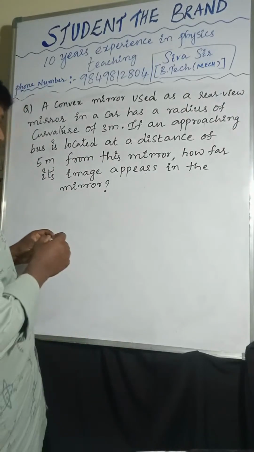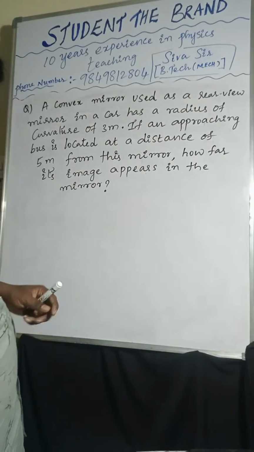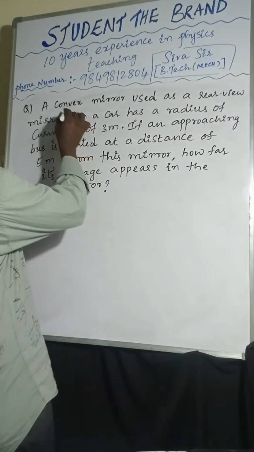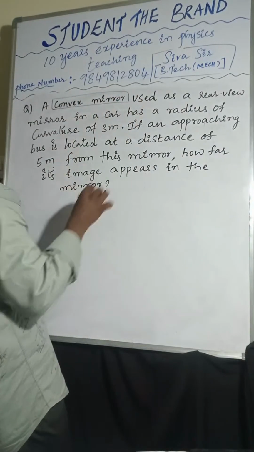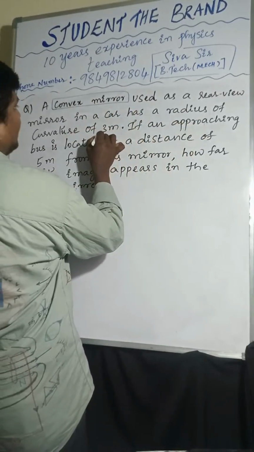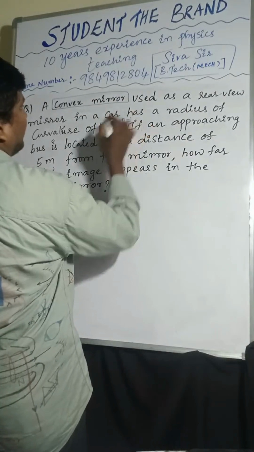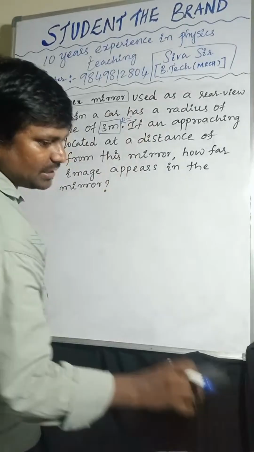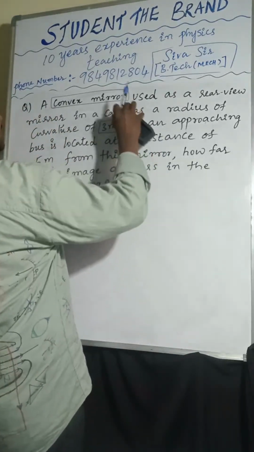So underline the convex mirror. Which mirror is it? It is used as a rear view mirror in a car and has a radius of curvature. So the radius of curvature, the R value, is given here.